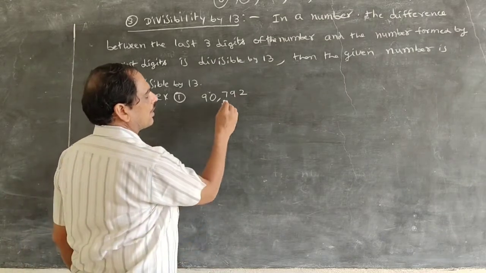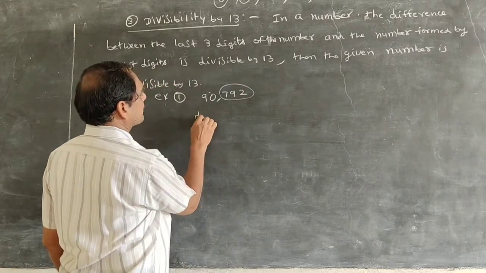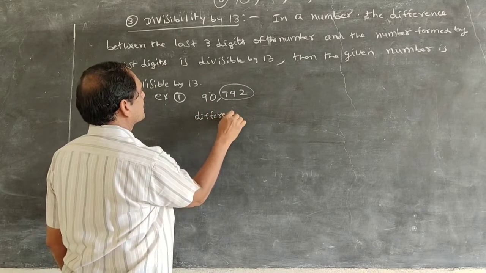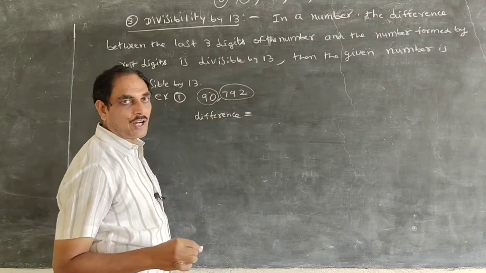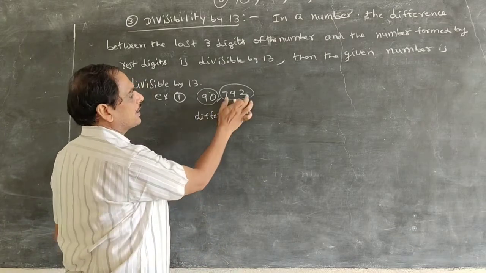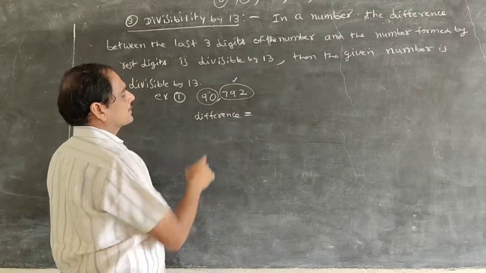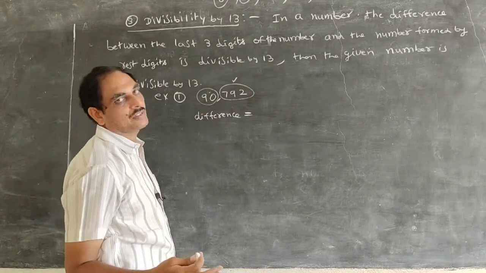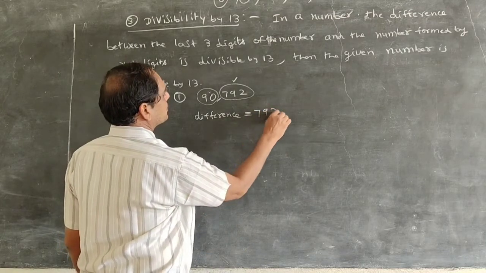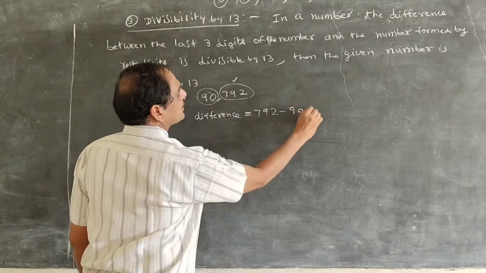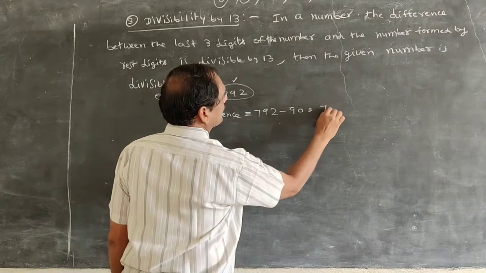The last three digits are 792, and the number formed by the rest of the digits is 90. Of these two, the bigger number is 792 and the smaller is 90. Difference means always subtract smaller from bigger. So 792 minus 90 is 702.